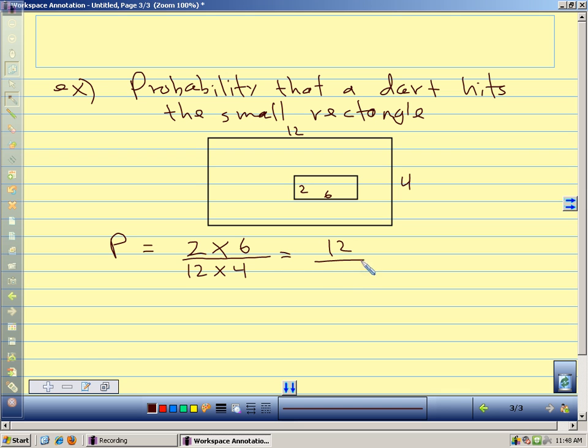So we get 12 divided by 48, which is 1 over 4, or 25%. So if we threw a dart at this rectangle, we'd have a 25% chance of hitting this small rectangle if we're throwing the dart at random.